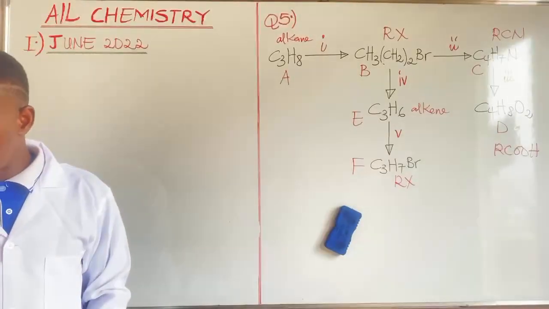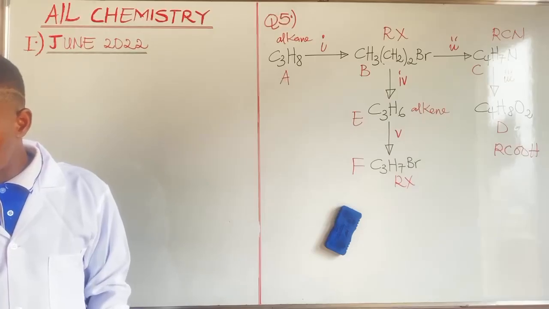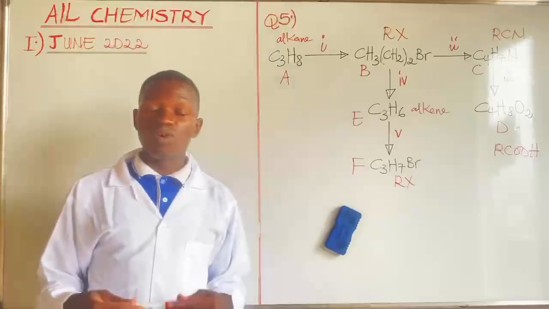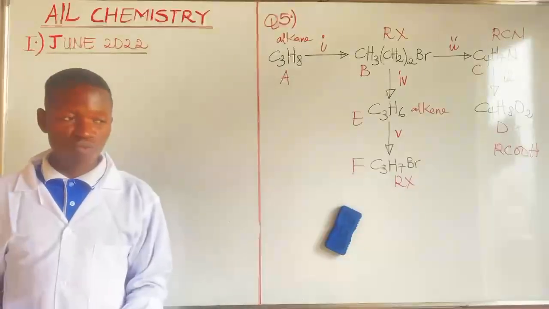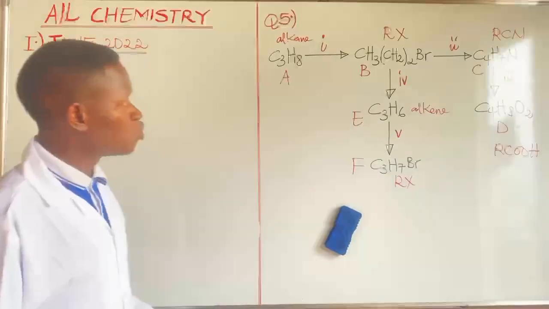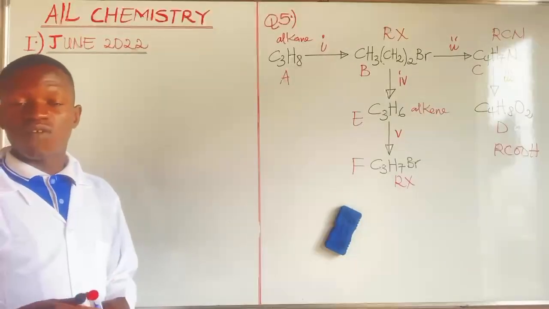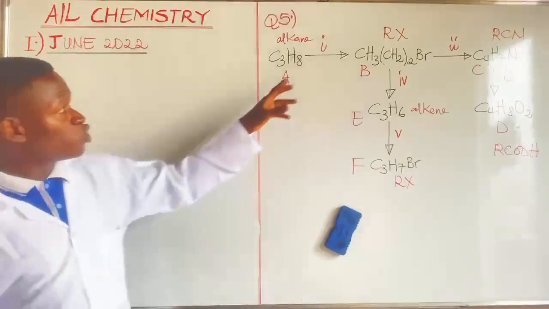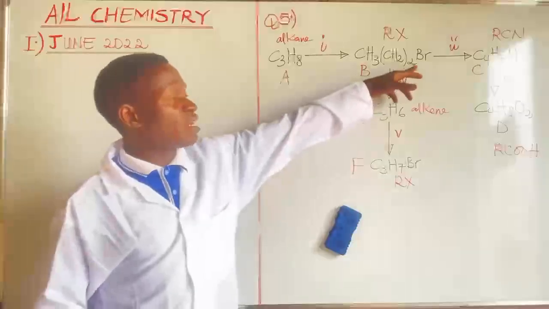In this free radical substitution reaction of alkanes, we have UV light, which provides the energy for the formation of the free radicals. A free radical generally is formed from a halogen. So what halogen are we adding? We are adding bromine.